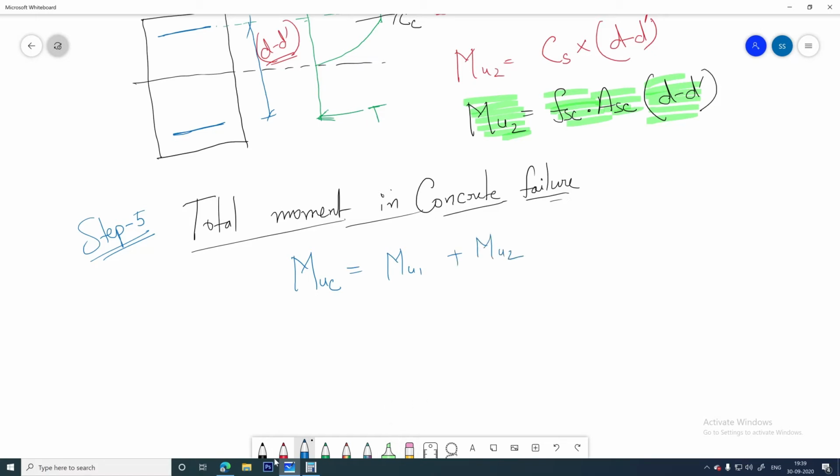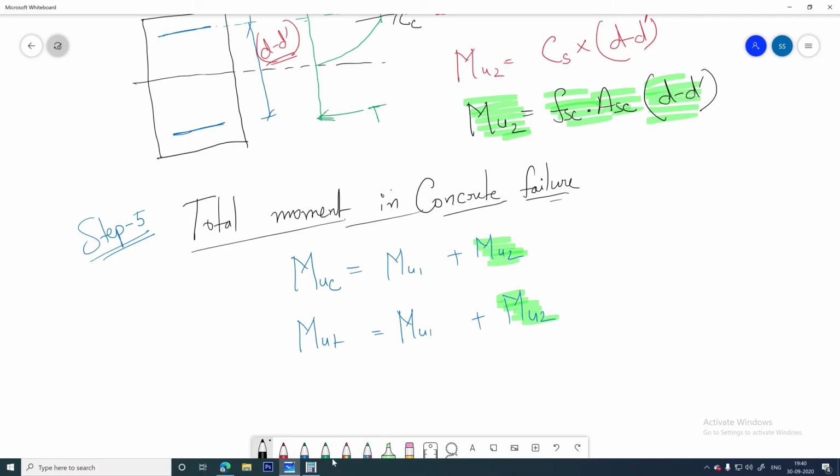Look, actually we will determine another total moment, in steel failure, and that can be denoted by MUT. MUT is also equal to Mu1 plus Mu2, but in that case this Mu2 and this Mu2 will be different.